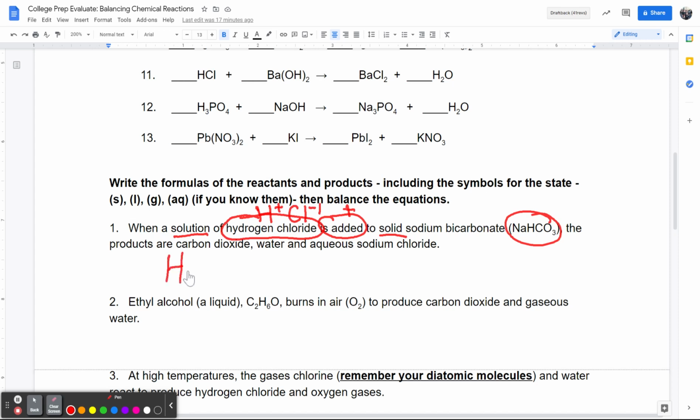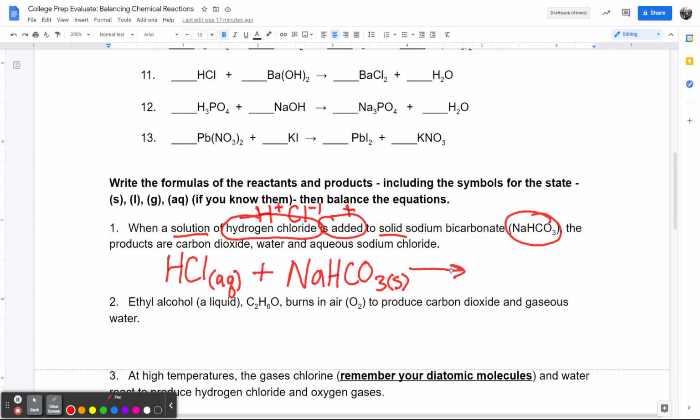So I have hydrogen chloride, and because it's a solution, that's going to be aq, aqueous, is added to solid sodium bicarbonate, NaHCO3, and that's going to be solid.